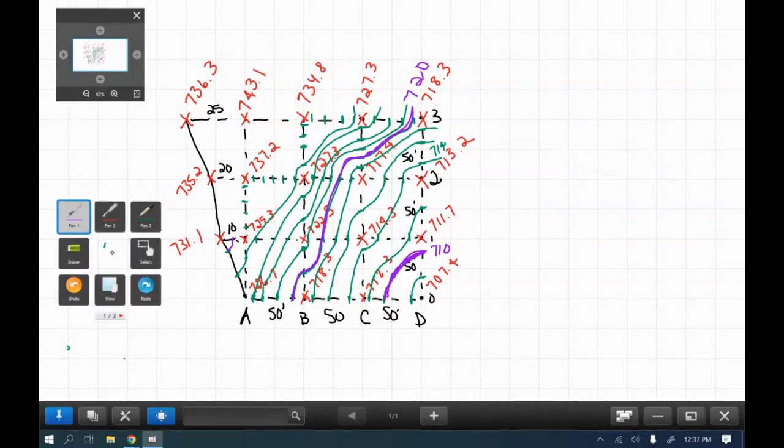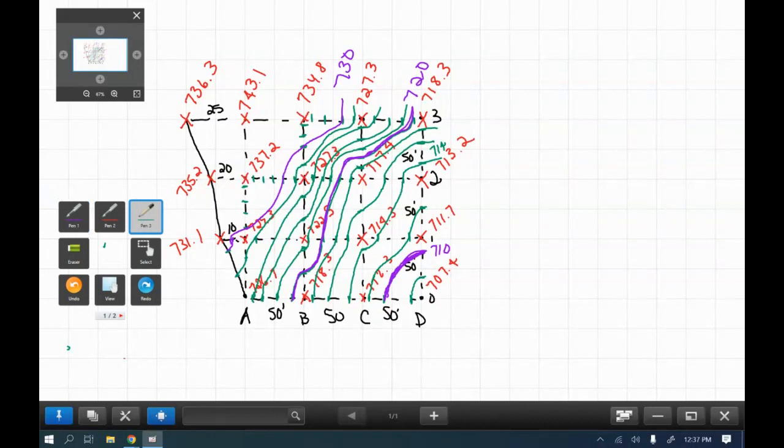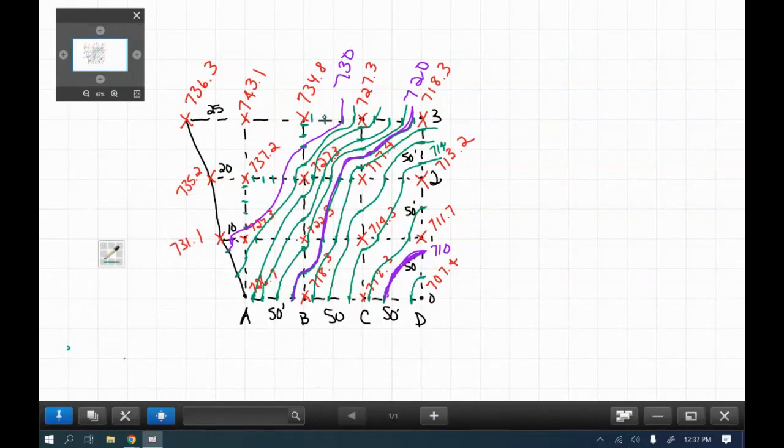Let's go back to my purple. I'm going to do 32 next. 732.